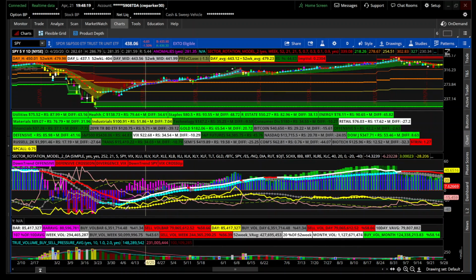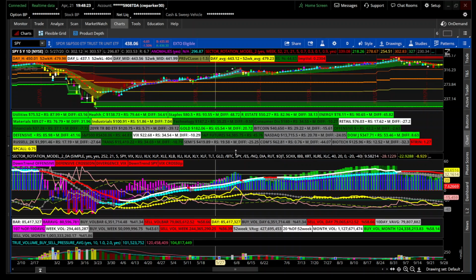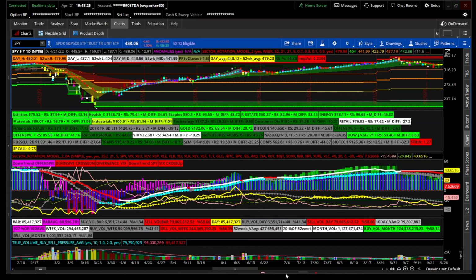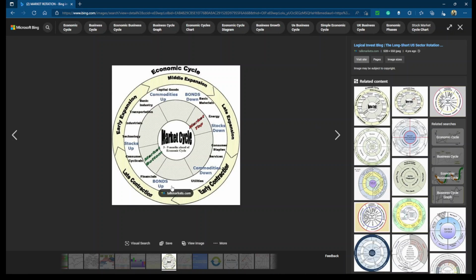So the first one to really recover was the offensive sector, and that's full of the technology, all that stuff. One of the reasons behind that was this model that I found online. It belongs to talkmarkets.com.